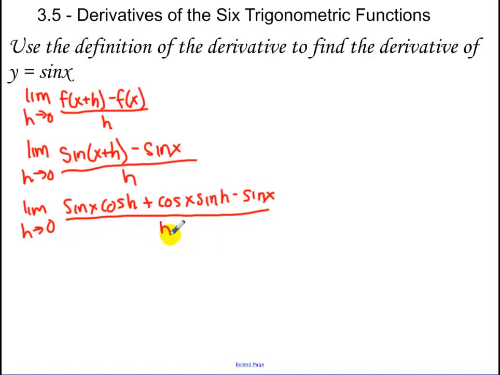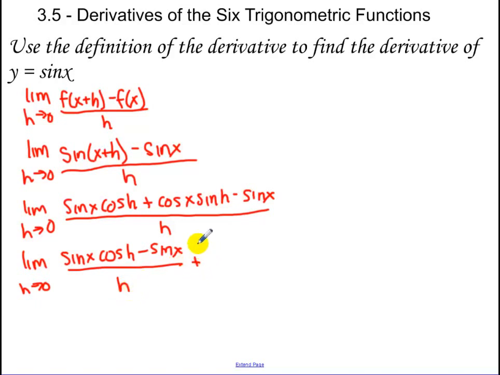Those identities that you learned last year are going to come in handy. Now, rearranging the top, we're going to gather together the first term and the last term over our common denominator.